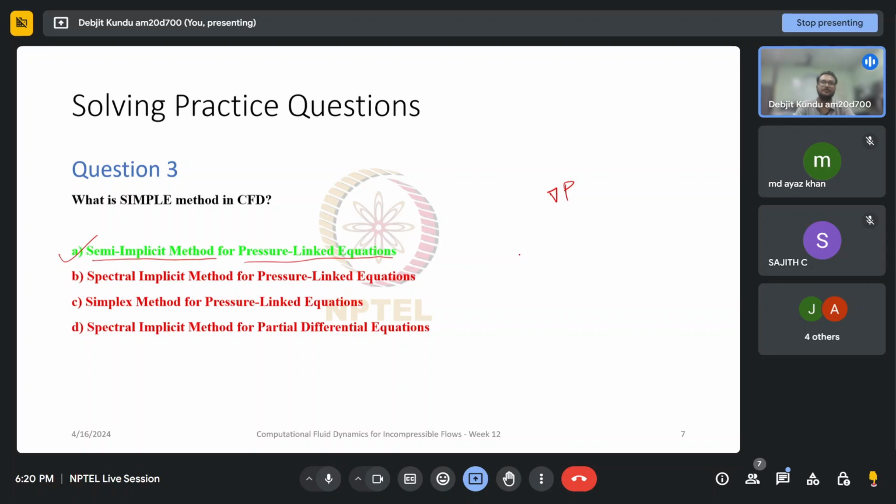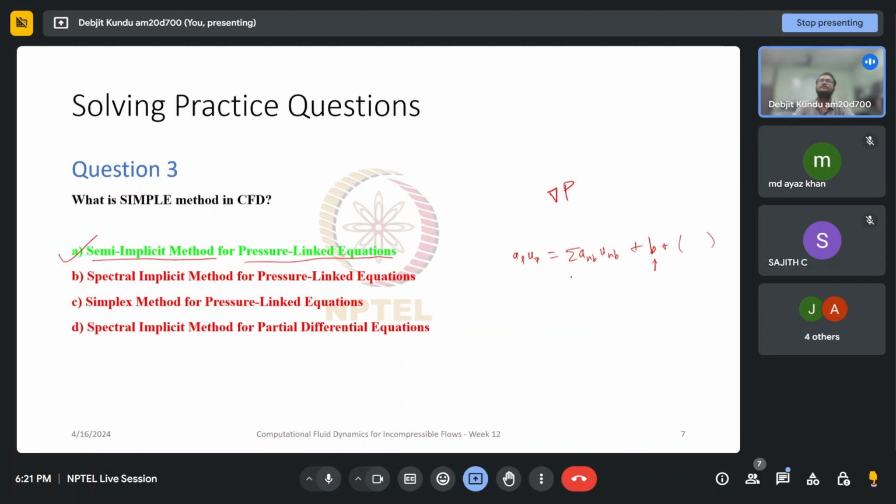the original equations turn out to be implicit equations where a_P u_P equals some summation of a_nb u_nb plus some source term b, right? Here, I'm not writing the pressure term, so the pressure term is also within the source term, so there will be another term containing the pressure differences.